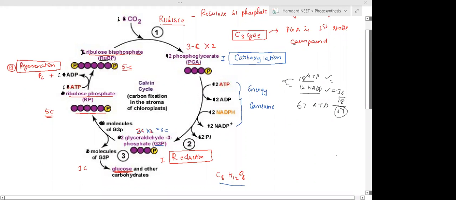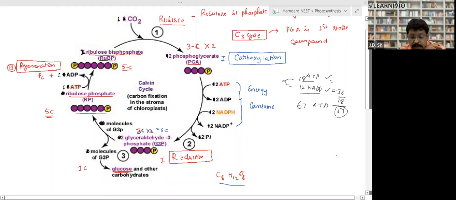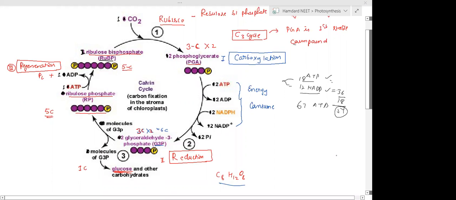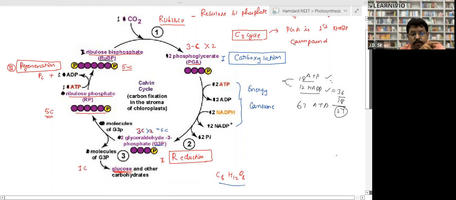One goes to glucose, and the other five regenerate, meaning again the formation of ribulose phosphate takes place. And ribulose phosphate changes into ribulose biphosphate. That's why we call it the regeneration process. So every time, ribulose biphosphate takes a carbon atom from carbon dioxide and delivers it to glucose, right?